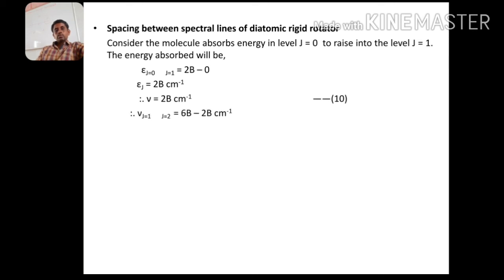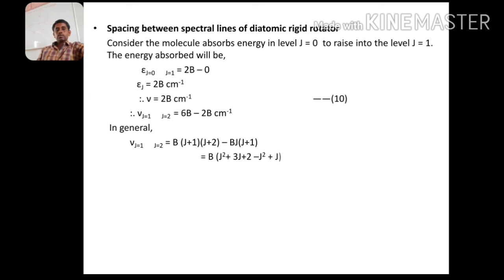For J is equal to 1 to J is equal to 2, the transition corresponds to 6B minus 2B per centimeter. In general, nu for J to J plus 1 is equal to B into (J plus 1)(J plus 2) minus BJ into (J plus 1).